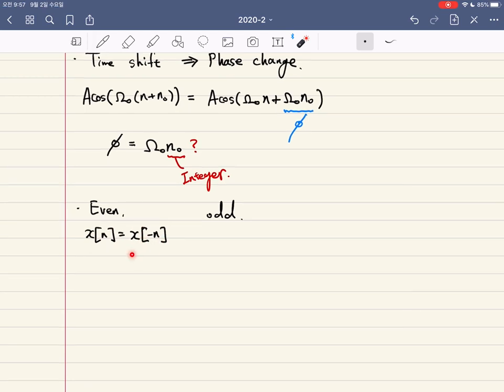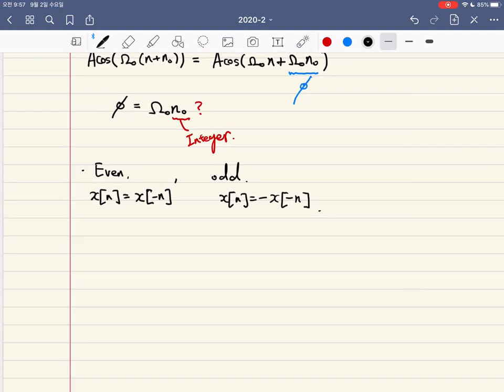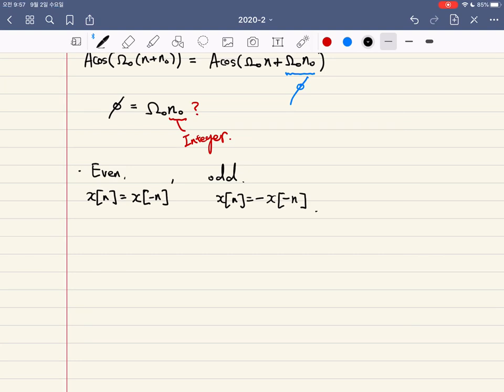So it's the same. And the odd function also has the same definition. So, even in discrete time signals, even functions and odd functions also exist. And let's talk about the periodic.